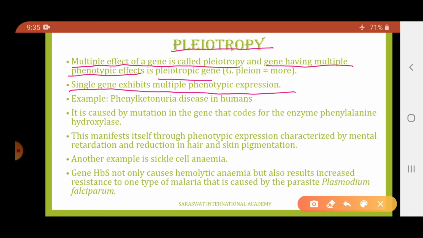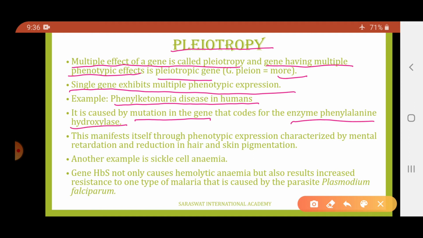Now students, it is a Greek word, pleion, that is more. That is, a single gene gives more phenotypic effects. The example is phenylketonuria disease in humans. Now students, this particular disease is caused by the mutation in the gene which codes for the enzyme phenylalanine hydroxylase.